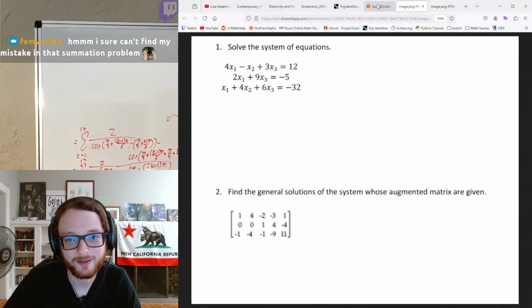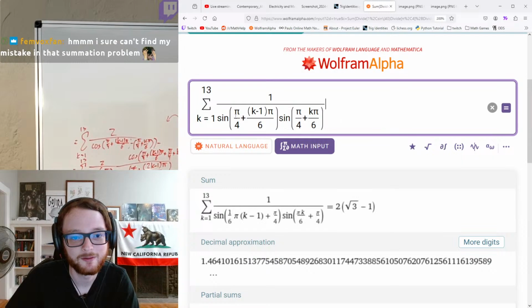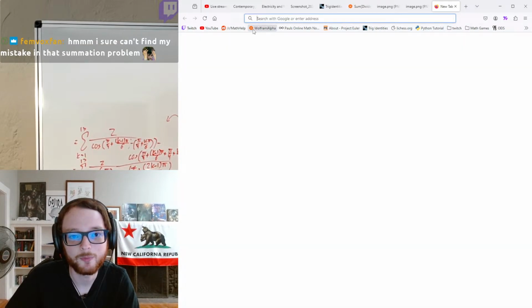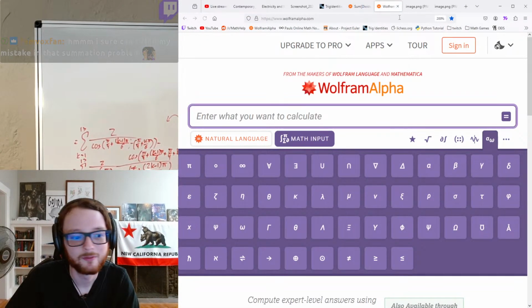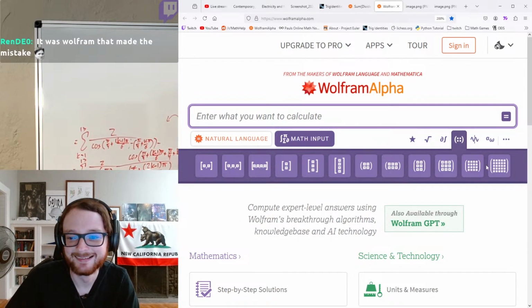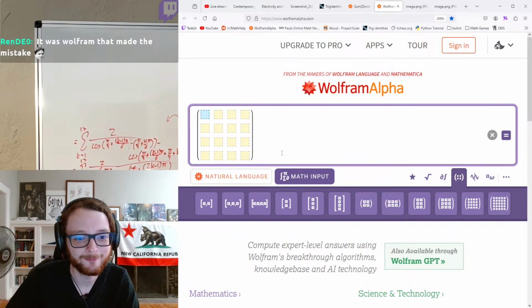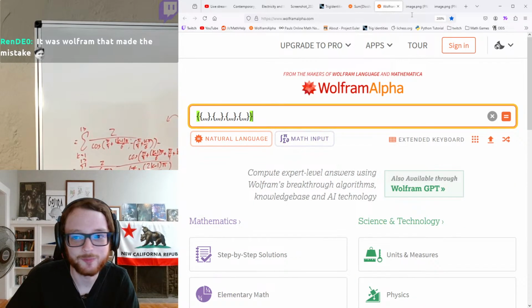I feel like for 2, there's no way. Okay, I want to keep that one open. Wolfram made the mistake. If Wolfram starts making mistakes, then we're in real deep shit.